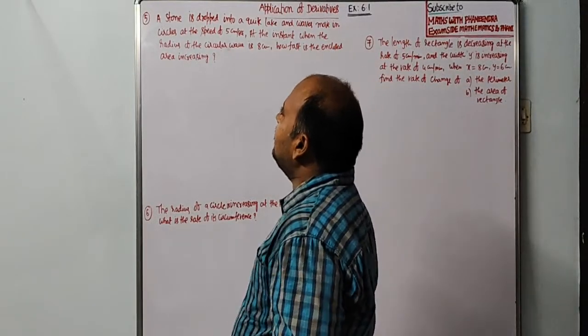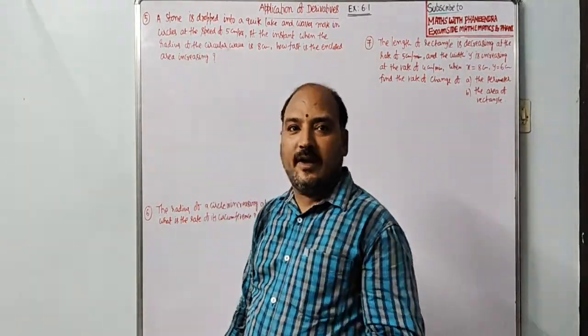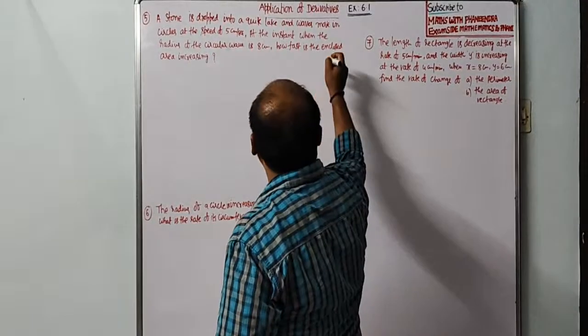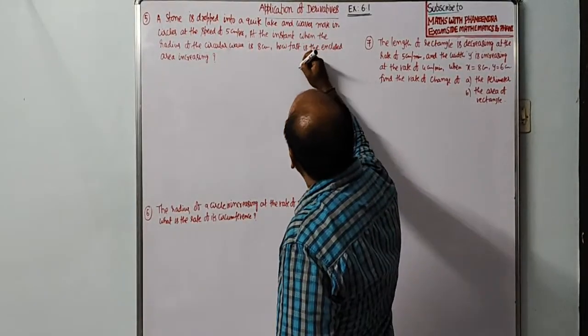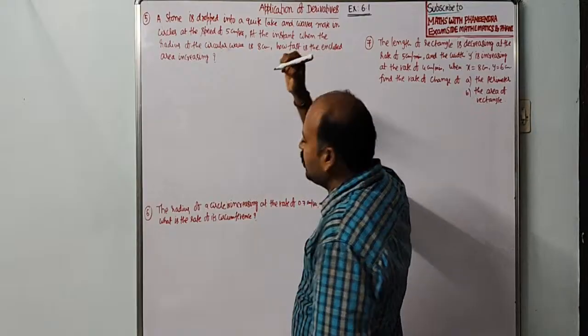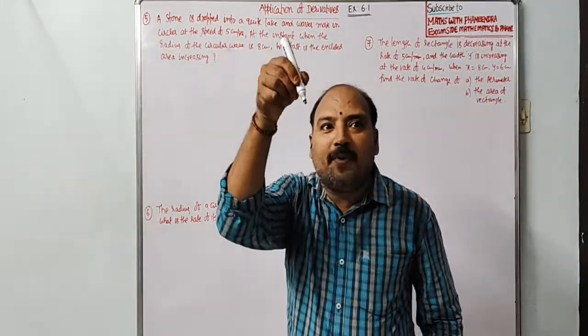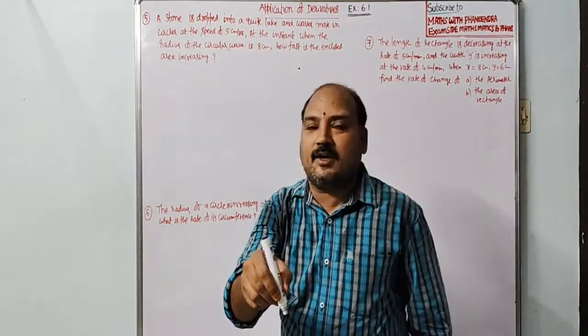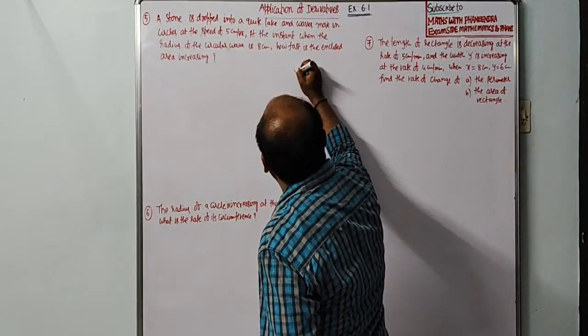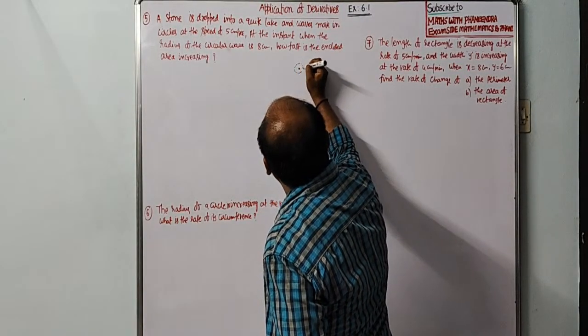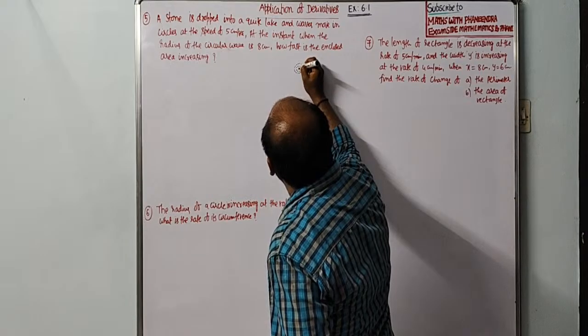A stone is dropped into a quiet lake. That means this is the lake. A stone is dropped into that. This is the stone. Whenever you are dropping the stone into the quiet lake, the water ripples are coming like this, dear students. This is the way it comes.